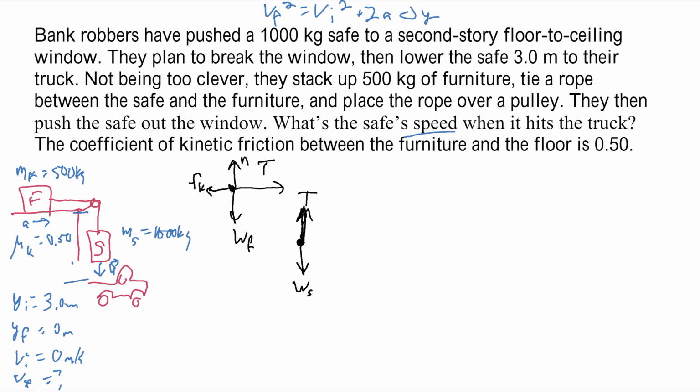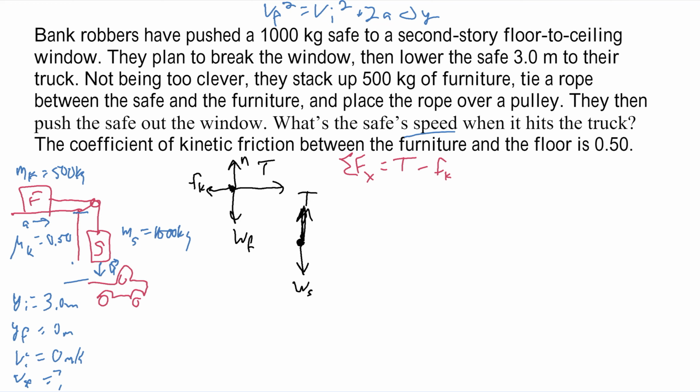Okay, now what? Sum of the forces in the x and y, because we have both directions going on here. So sum of the forces in the x direction would be what? Negative F sub K plus T. Yep, okay, so we have the tension minus the kinetic friction.